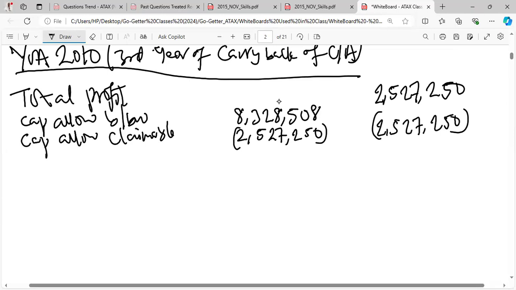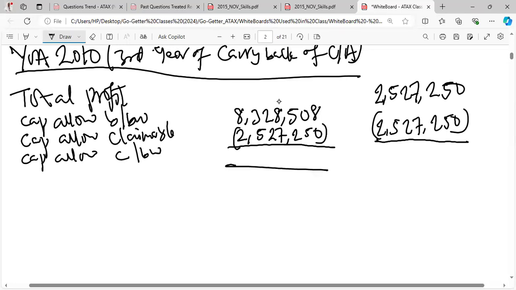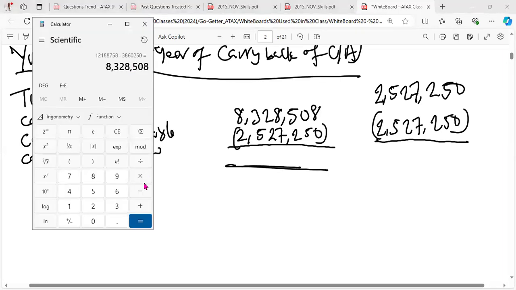In fact, you should aim to claim everything in your assessable profits, except if your assessable profit is bigger than the capital allowance. So your capital allowance carried backward. How much is this going to be? We're going to remove 2,527,250. That will give us 5,801,258.